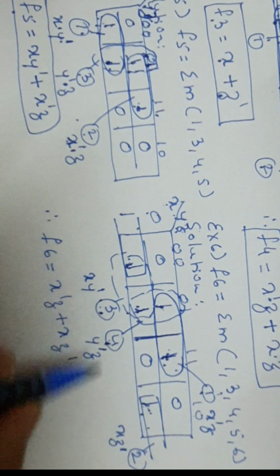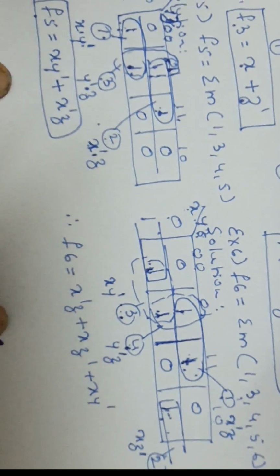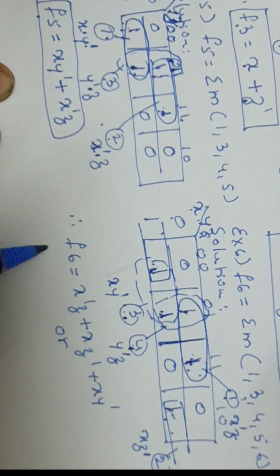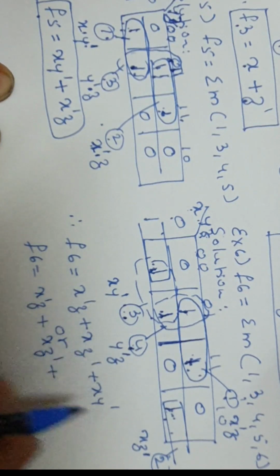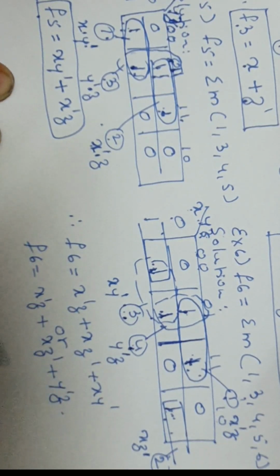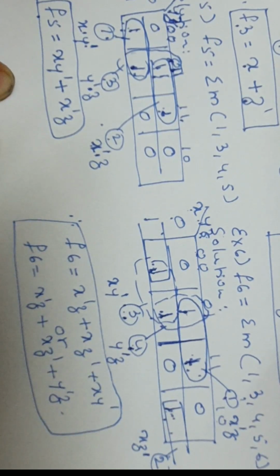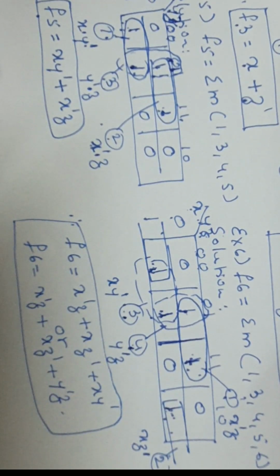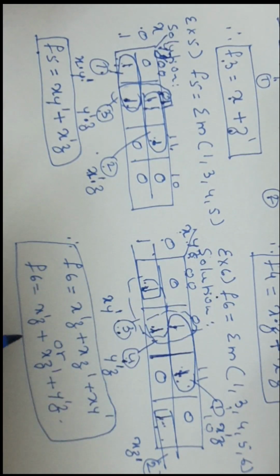If you consider 3, x y dash, this is one solution, or F6 equal to the essential ones as it is, and instead of 3 we shall write the fourth one. So this is the solution for problem number 6. So problem number 6 has two possible solutions, right?